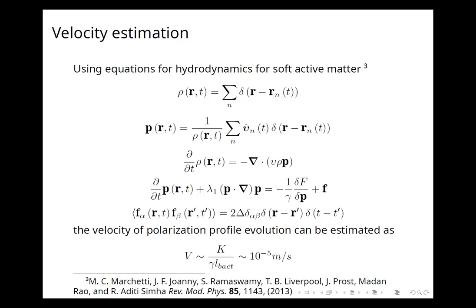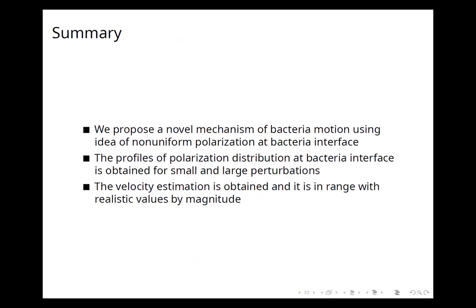And through this equation, we can estimate our velocity as proportional to variation of free energy, which we take proportional to the Frank constant because of previous solutions, and rotational viscosity, the length of bacteria, and it appears to be like 1/10 of micrometers. That can be seen as a good result because it is in the range with realistic values by magnitude.